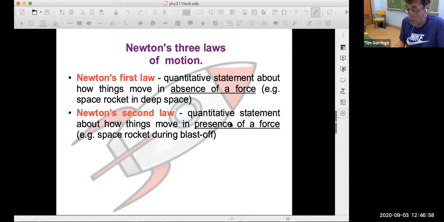I had to blast off from Earth. During that event, there were forces acting which changed my motion and got me into deep space. So the space rocket blast off is an example of Newton's second law of motion.